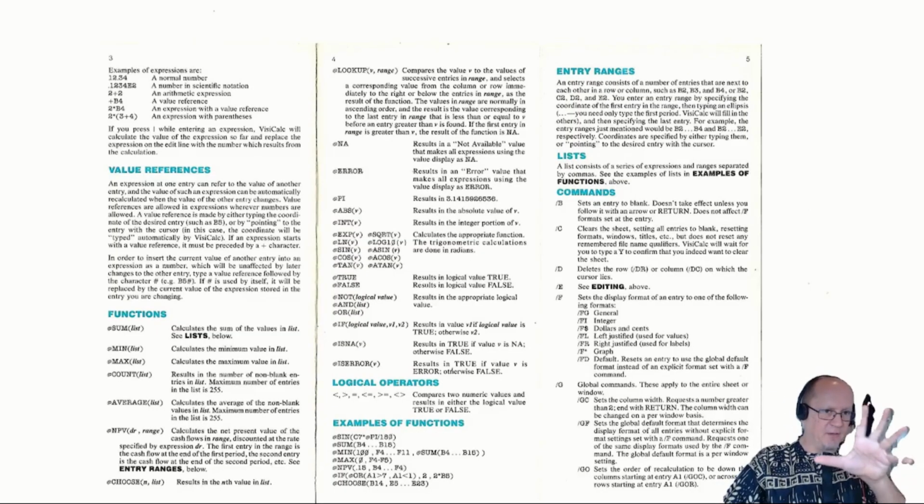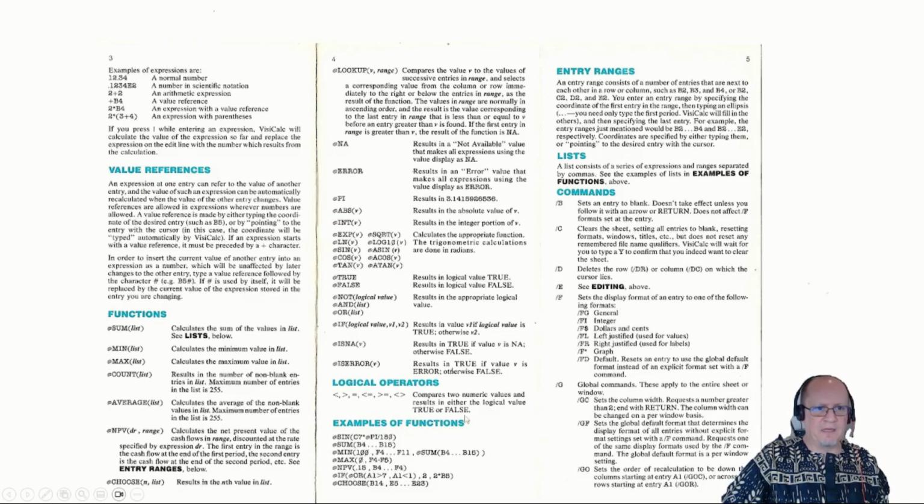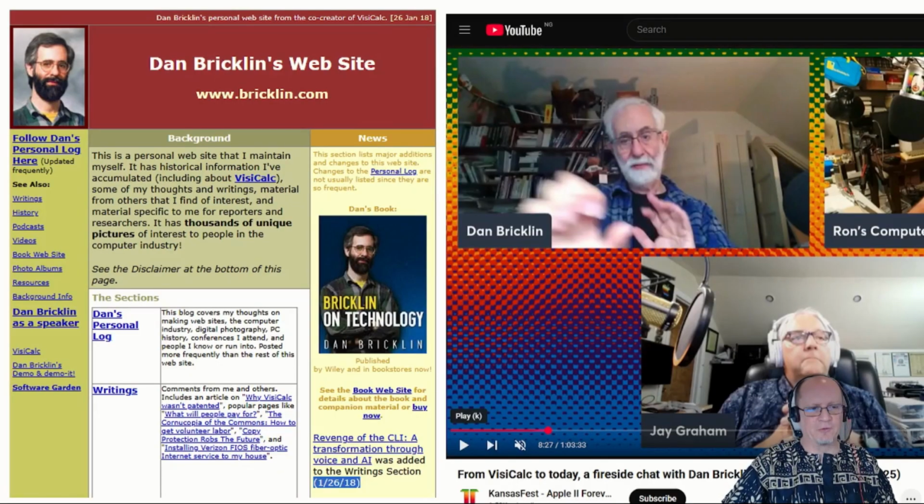So I want to say that the genius which we've just seen, the level of thinking which allows you to do this kind of lists and all of these functions and commands in 27,000 bytes, that's a pretty smart person. And as I mentioned, I downloaded this from the original inventor, Dan Bricklin's website. It's up here on the left. You say, well, that looks pretty old. Yeah, because he's one of the first people to start writing blogs.